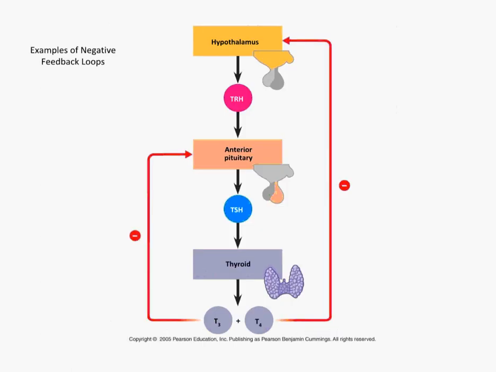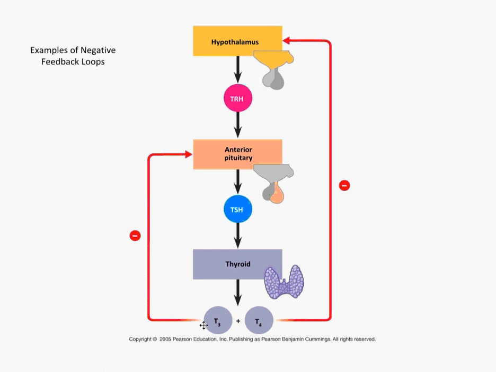One thing that we will talk about a lot with hormone systems is feedback loops. There are negative and positive feedback loops. A negative feedback loop is essentially when the product, as you can see down here, in this system that is often given as an example, the products T3 and T4 turn off the process that made them start.